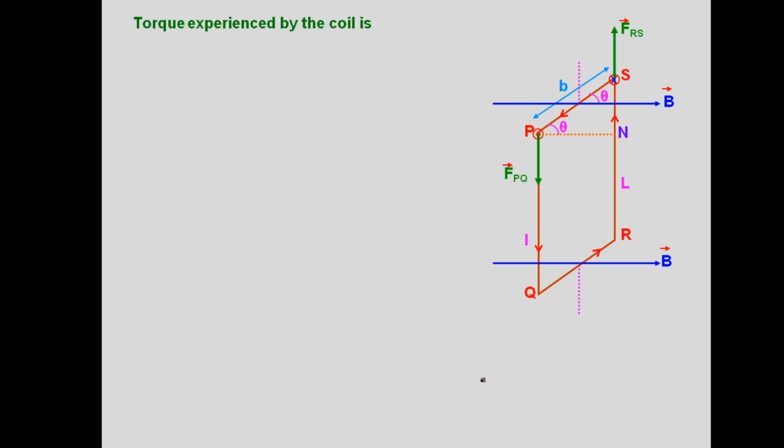The formula for torque: the torque experienced by the coil is force into perpendicular distance. Force we are taking as PQ, so the perpendicular distance PN we are taking here. The formula of F_PQ is BIL, which we have already taken. PN is B cos theta, which we get from cos theta in the triangle PSN.